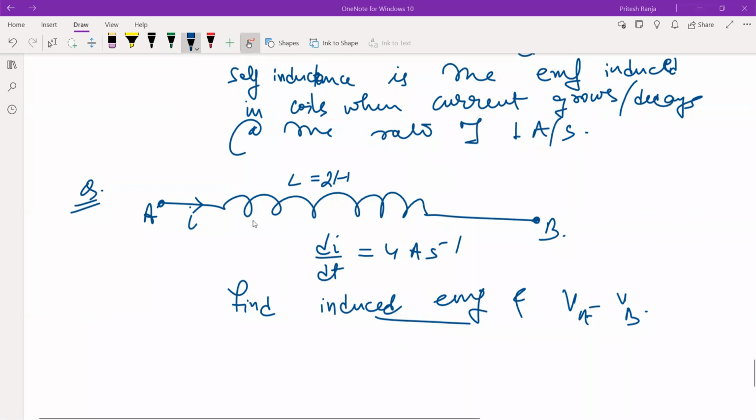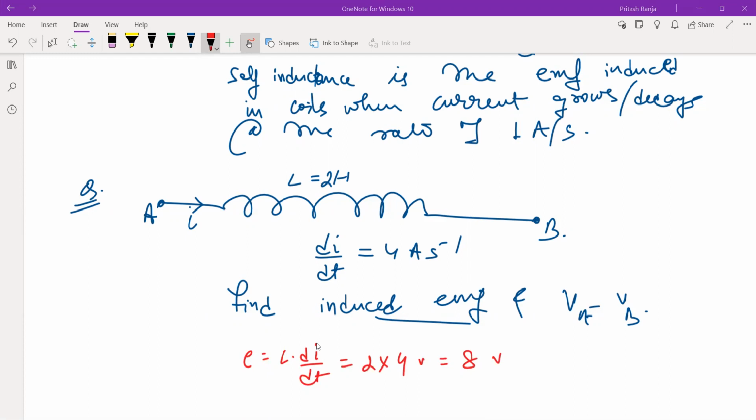So if we observe the induced EMF, what is the expression of induced EMF? L di by dt. So that will be 2 into 4, that is 8 volt. Induced EMF is 8 volt.